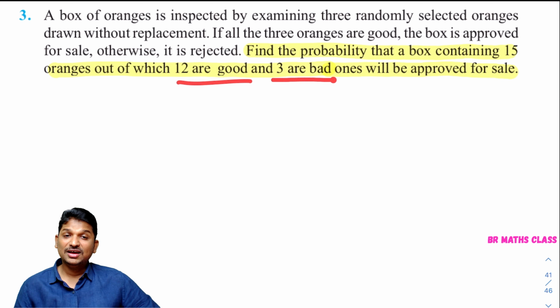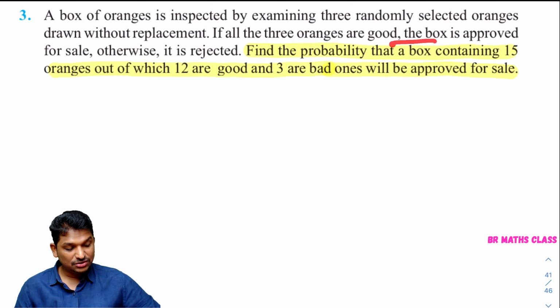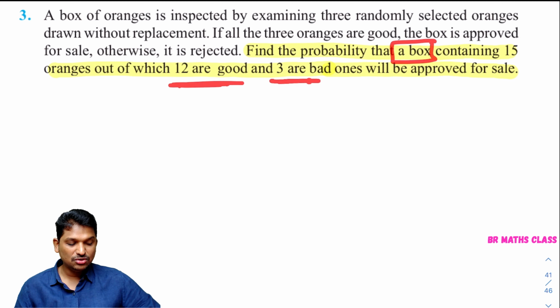Find the probability: they have given one box to you. In that box, out of 15 oranges, 12 are good and 3 are bad. What is the probability that the box is approved for sale?